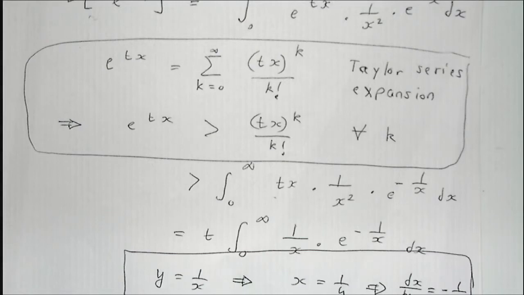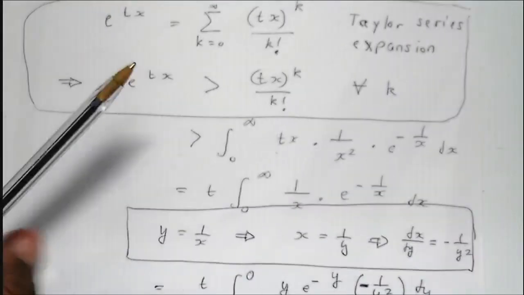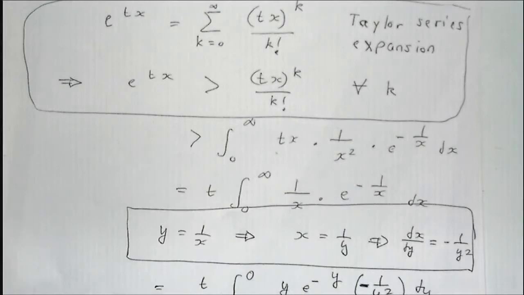But anyway, find the value for k so that the lower bound is equal to plus infinity. If you can show that the lower bound is equal to plus infinity, then you will have shown that the MGF is equal to infinity, and therefore it doesn't exist. I hope you understand what I mean.